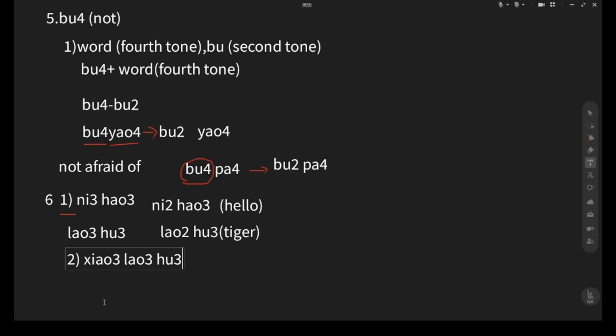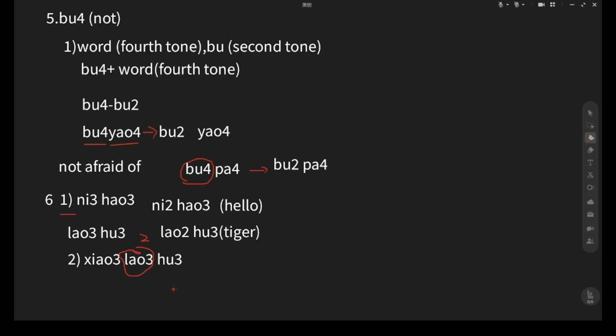These three words together are all third tone. You see these three words, all third tone, right? Yeah. We change the second word. Let's change the second word to the second tone.